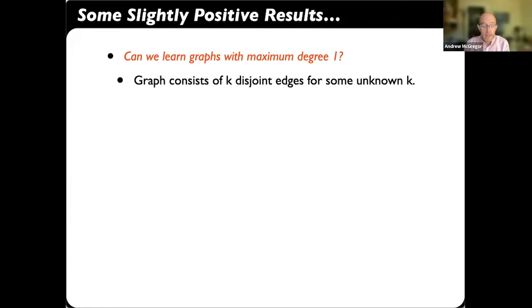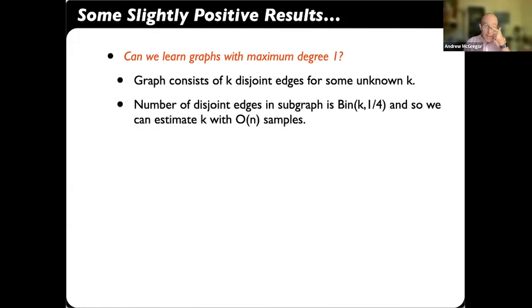Well, it's a matching plus some isolated nodes. If the graph consists of k disjoint edges for some known k, then the number of disjoint edges in the trace is distributed as binomial(k, 1/4). So again, using previous arguments, we could work out k exactly with order k samples, and k could be as much as n, so order n samples.